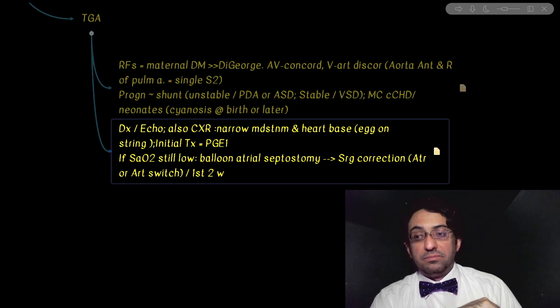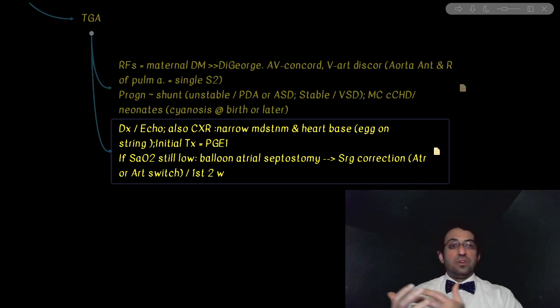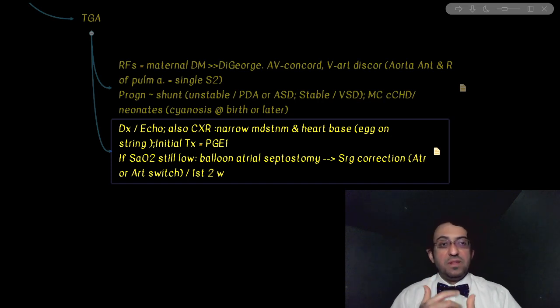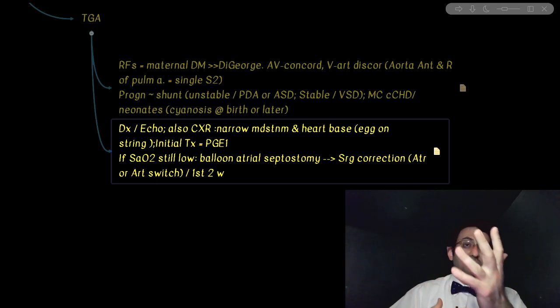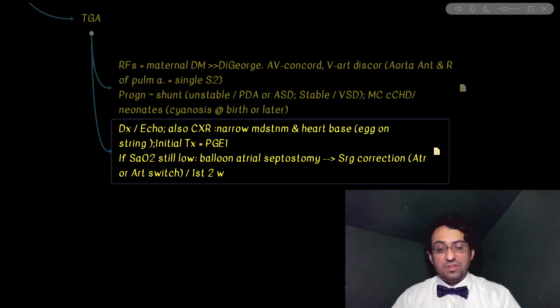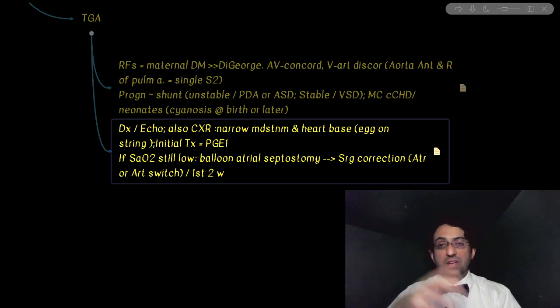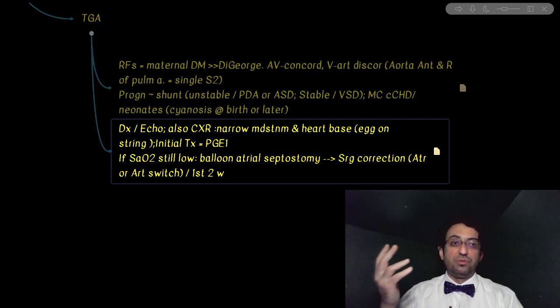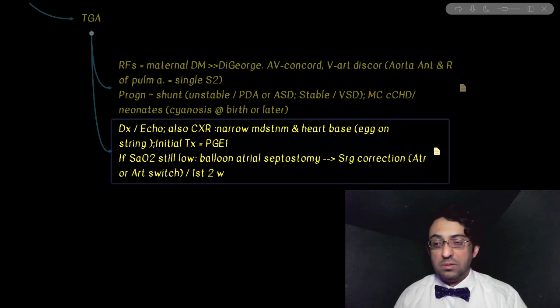So as you can see, and as we discussed in tetralogy, the presence or absence of murmur could be a dynamic phenomenon, could be absent initially, then worsen, and then present later by pulmonary hypertension, as we discussed in tetralogy, or here, depending on the presence or absence of a reliable shunt, it could be audible or absent.